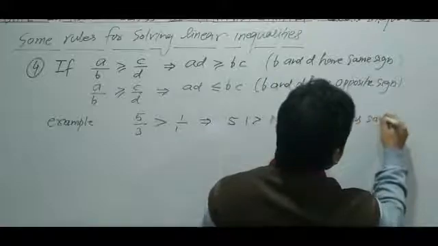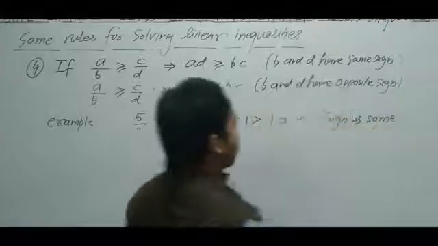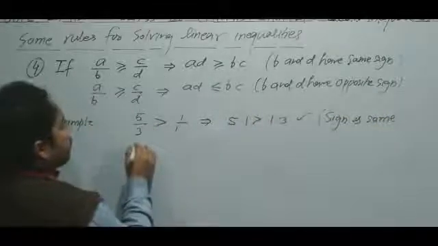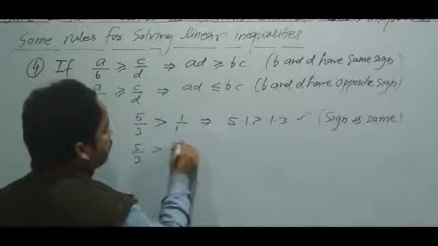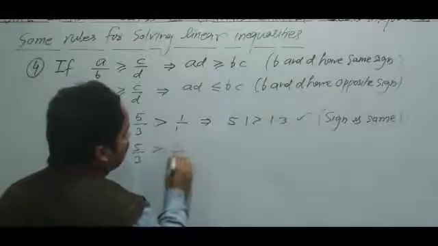And suppose 5 by 3 is less than 1 upon minus 1.